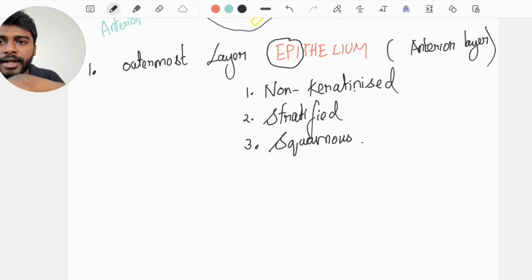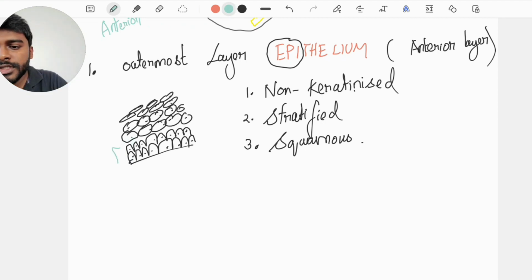Let me draw a diagram. This is your basal layer, and this is your middle layer, and this is the superficial layer.